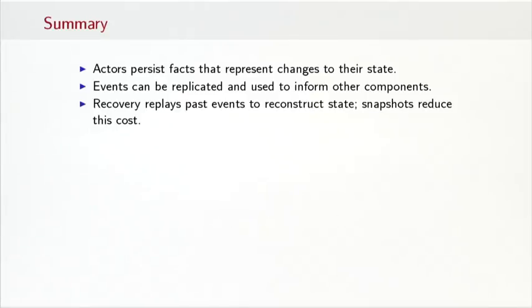The state that existed at any given point in the past can be reconstructed by replaying the events that lead up to that state. Snapshots can be used to reduce the time that this takes, because if you use them, recovery does not need to start at the beginning of time, but it can be started at the most recent snapshot.